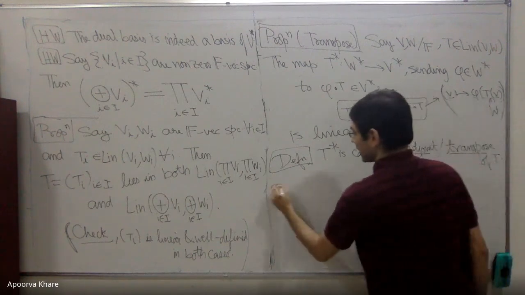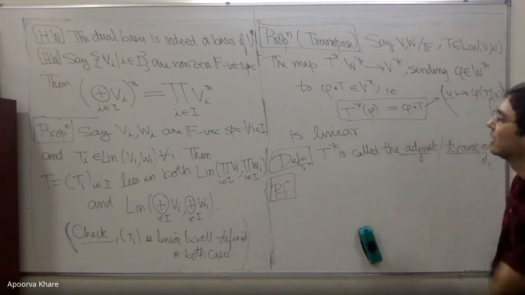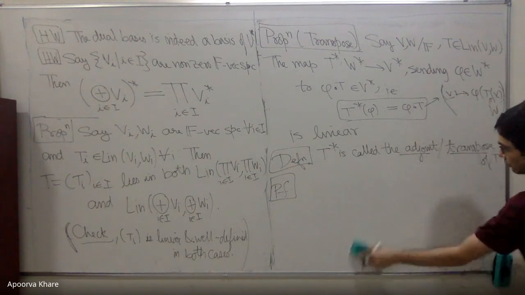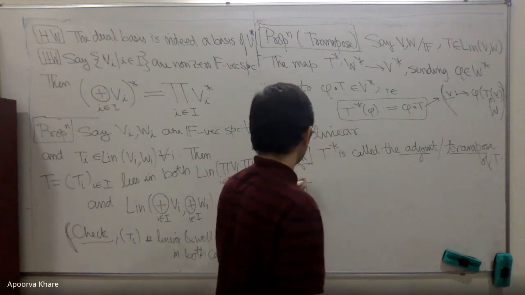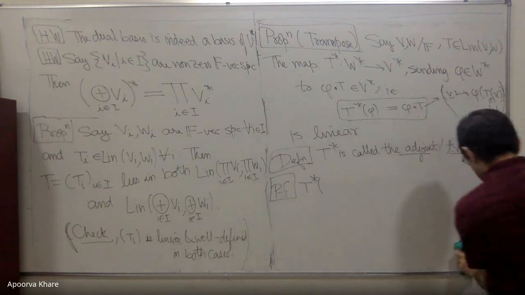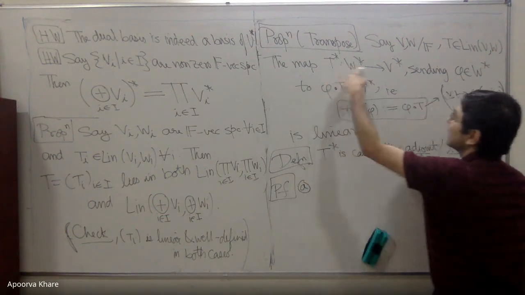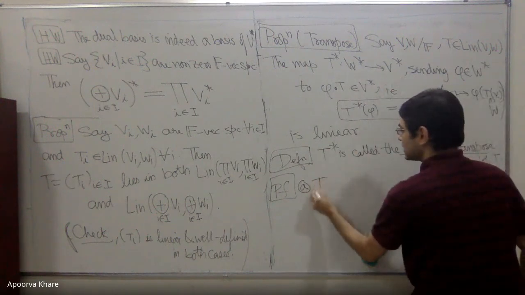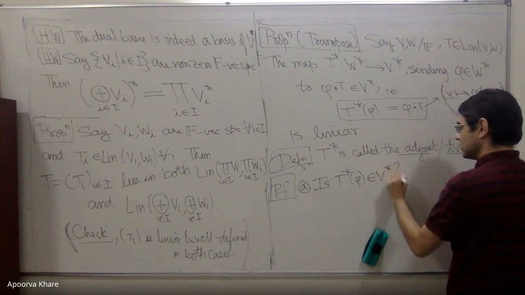So proof. I just said that I'll stop proving things are linear, but fine, one more time for the transpose map. So first of all, you have to check that T star is indeed landing in V star. Is T star of phi in V star?